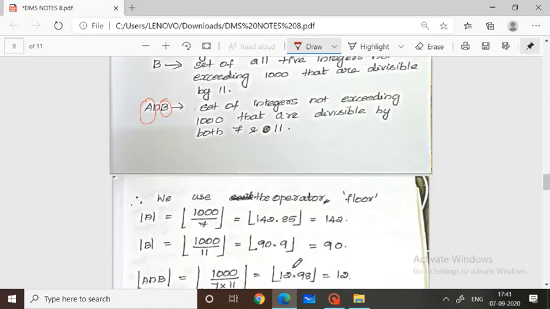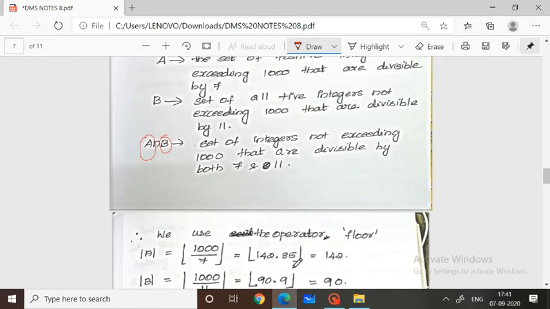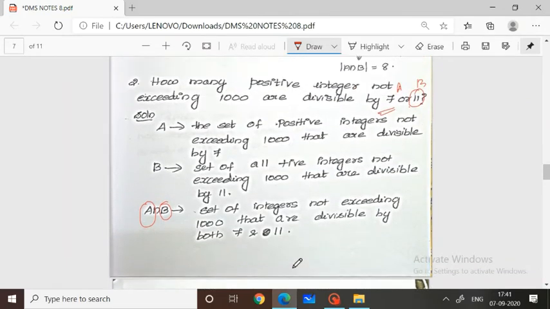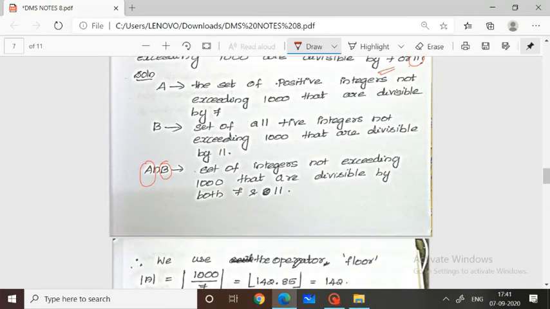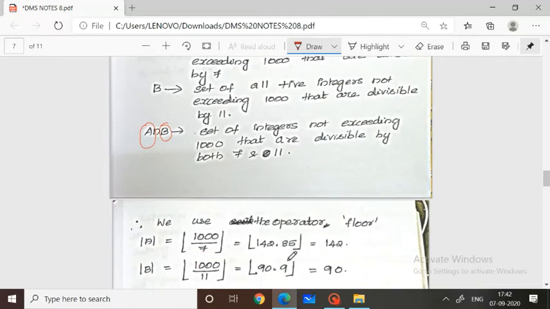In this type of problem you can apply the floor operator, which gives the nearest integer less than or equal to the given value.